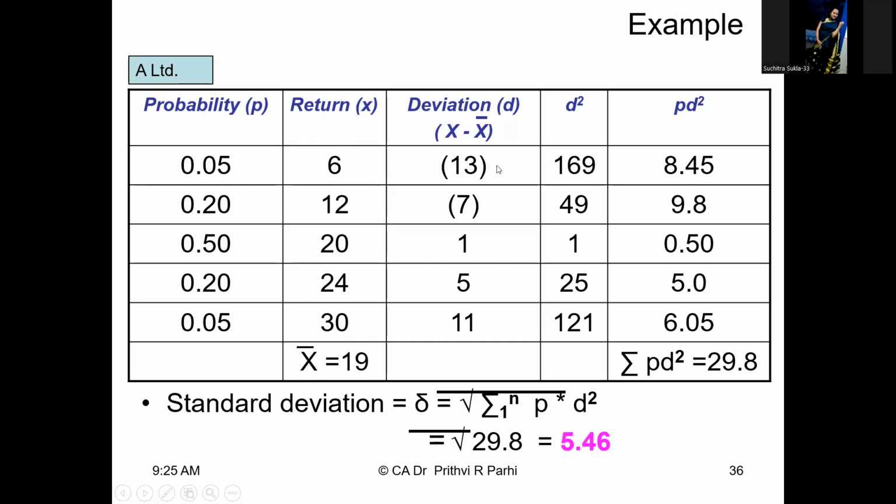From the average return, we compute the deviations. Then we compute the square of the deviations. Then that is multiplied with the probability. We get the PD square. The sum of PD square is computed here. Then we take the square root of that. We get a number that is called the risk. This is one of the methods of calculating the risk. Are you able to understand this?